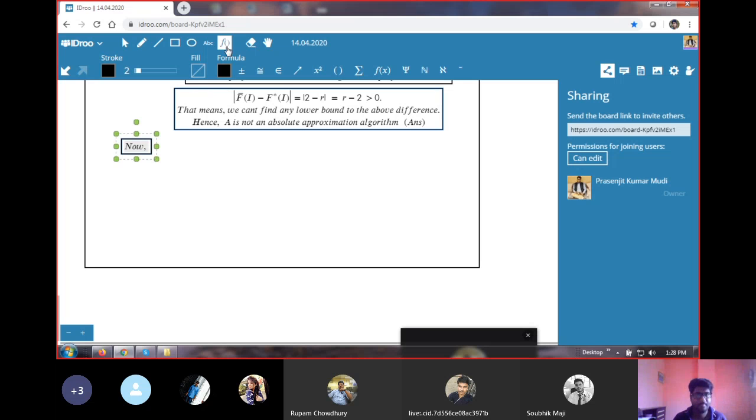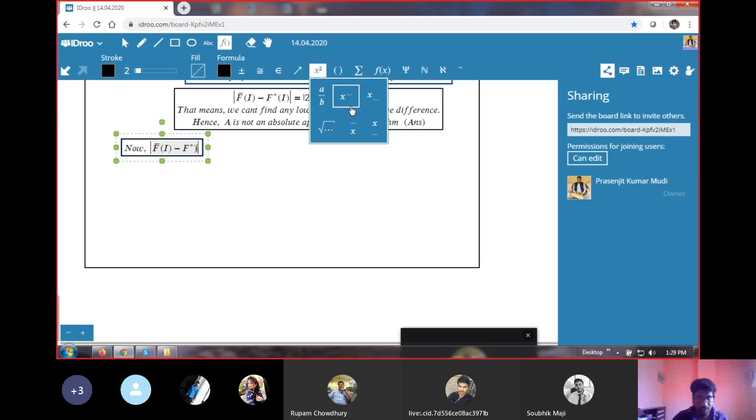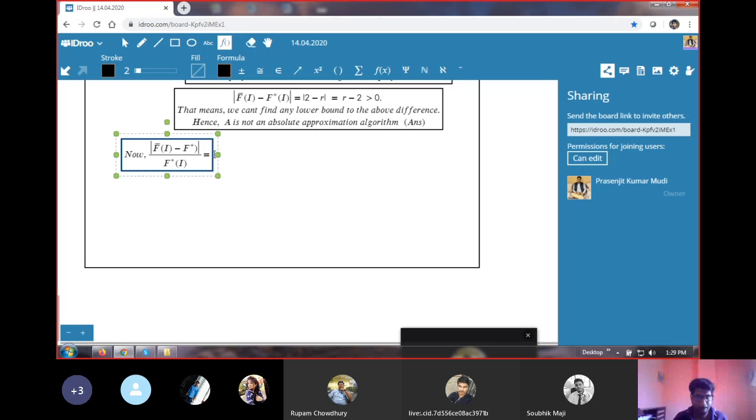Now, f hat of I minus f star of I divided by f star of I is r minus 2 divided by r.